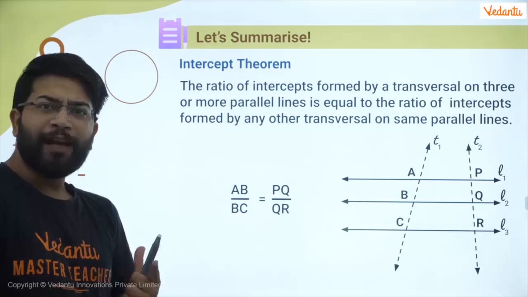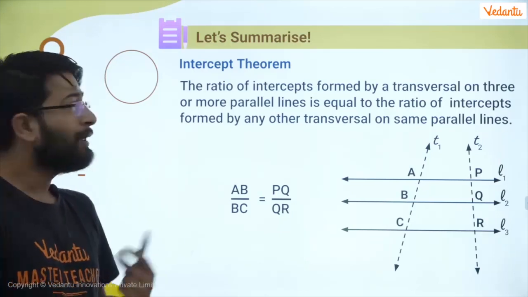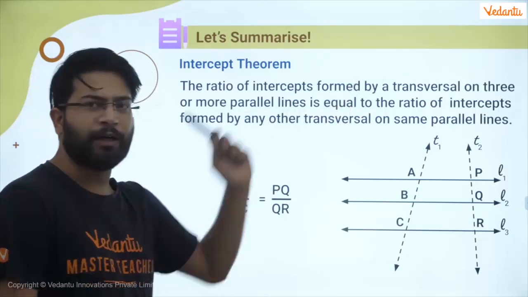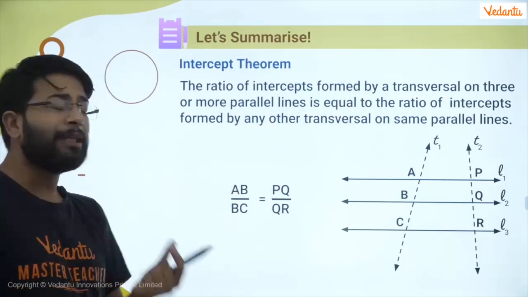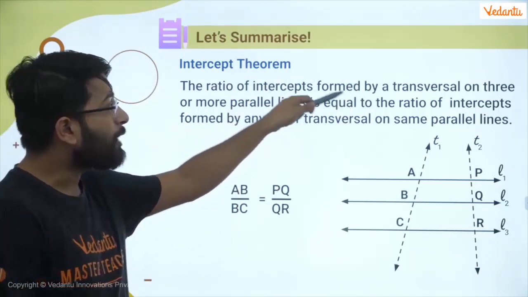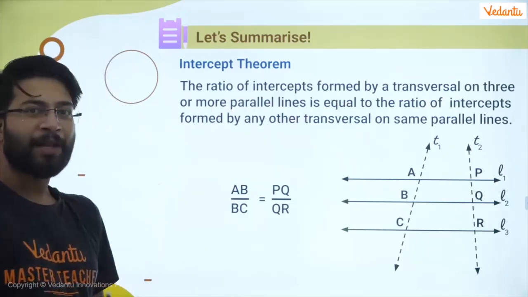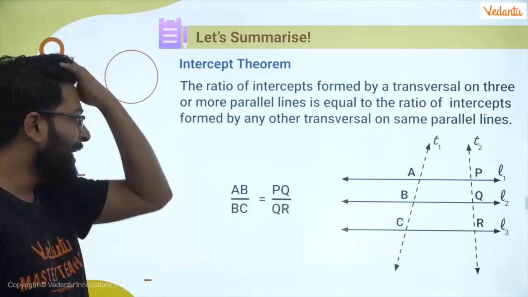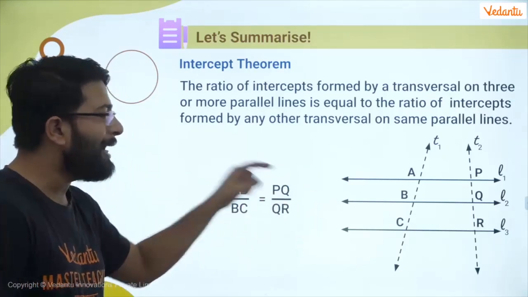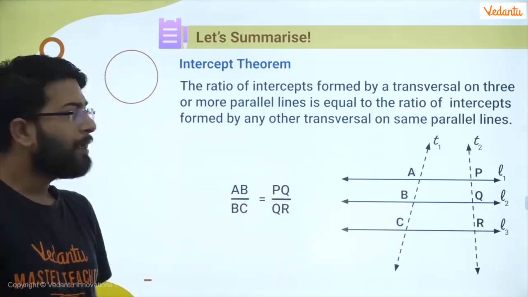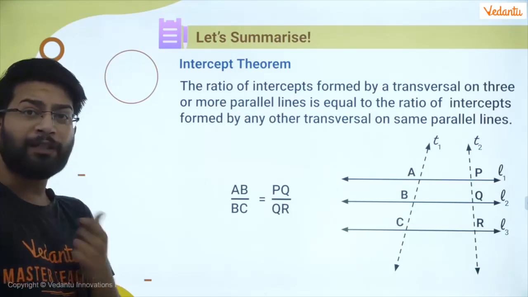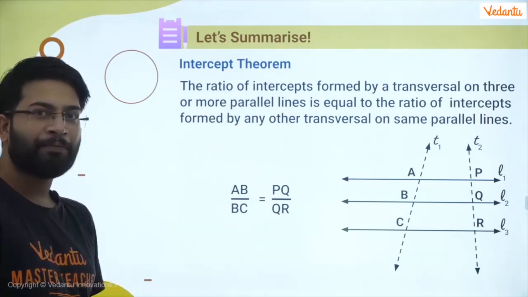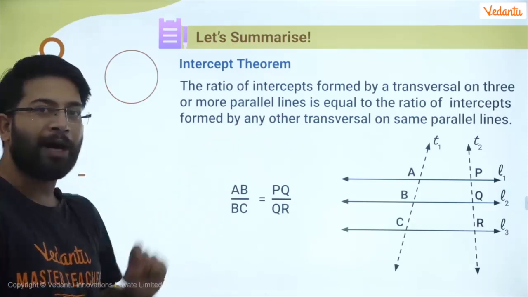After that, champ, we have seen the intercept theorem also, that the ratio of intercepts formed by the transversal on three or more parallel lines is equal to the ratio of intercepts formed by each transversal line. That means if L1, L2, L3 are the parallel lines and T1 and T2 are transversal lines, then T1 is intersecting at ABC and T2 is intersecting at PQR.